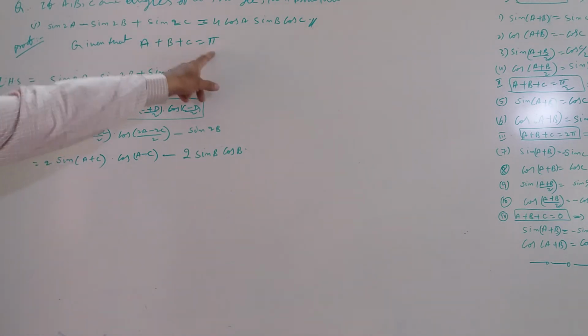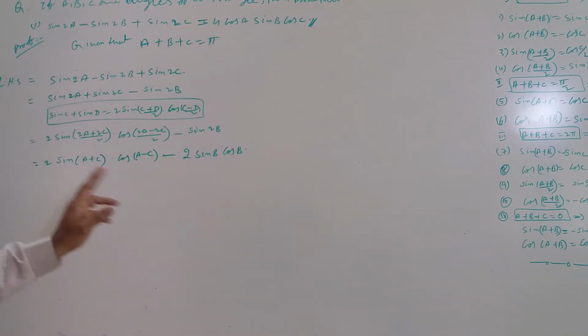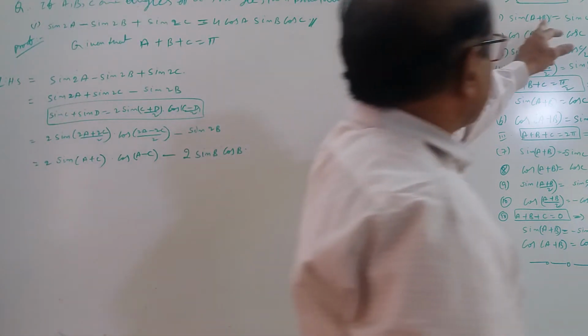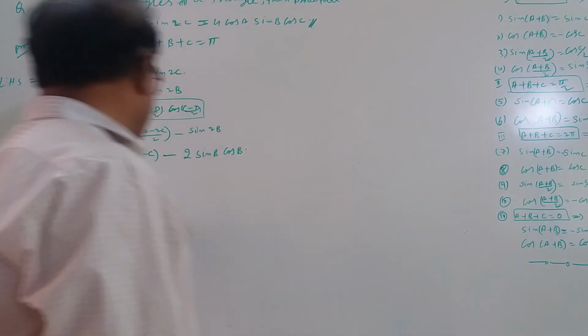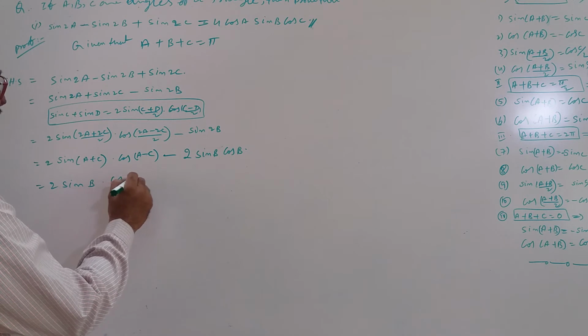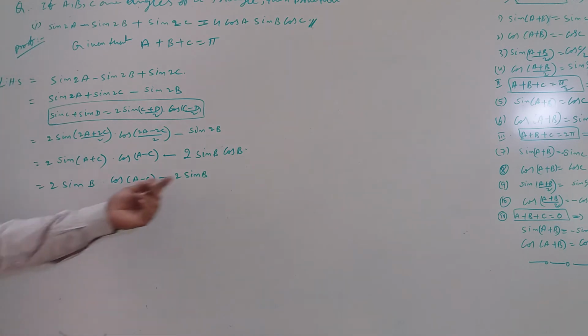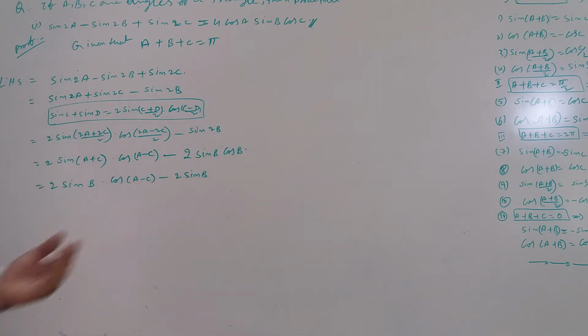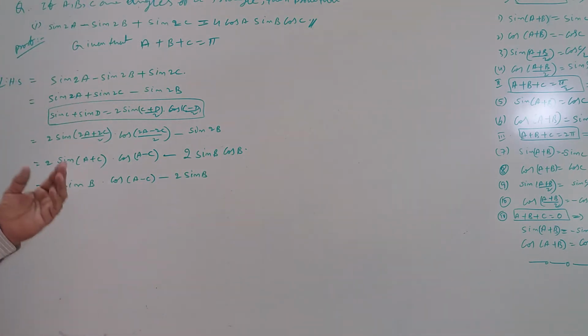Here A plus B plus C is equal to pi, then A plus C is equal to pi minus B. Sin(A plus C) is sin B. Instead of sin(A plus C), we can write 2 sin B into cos(A minus C) minus 2 sin B cos B. Here 2 sin B is common.